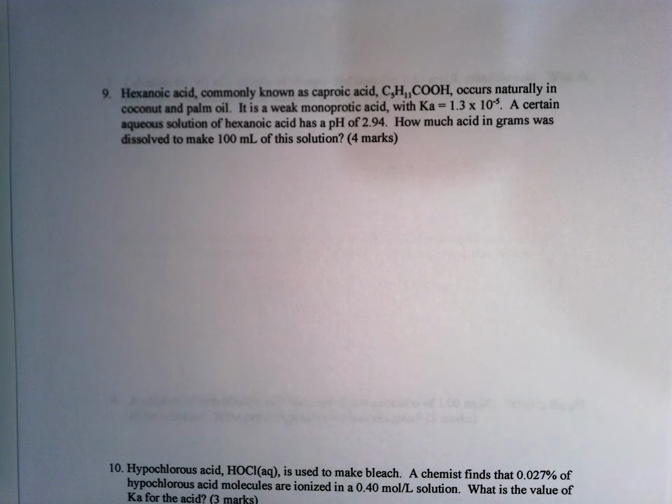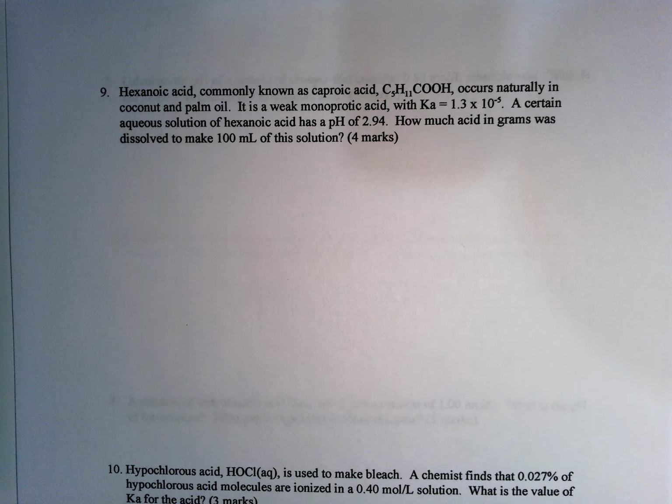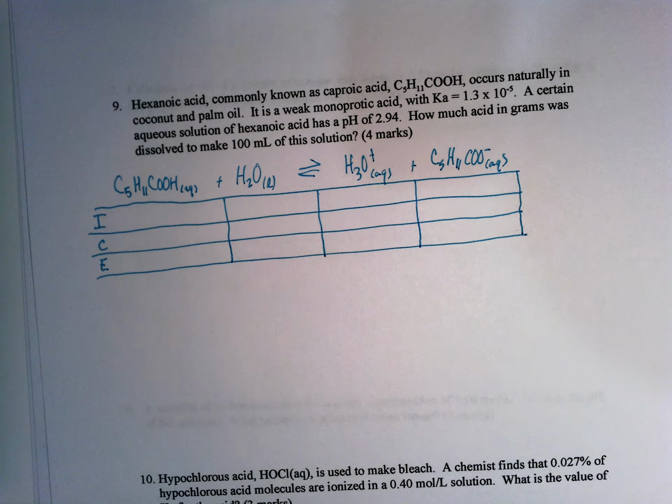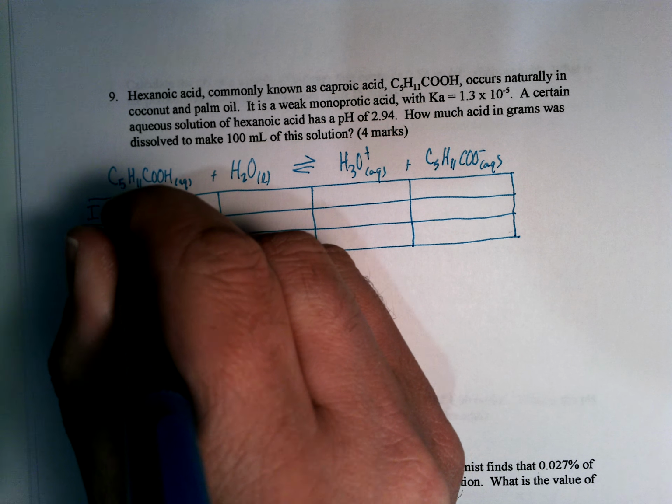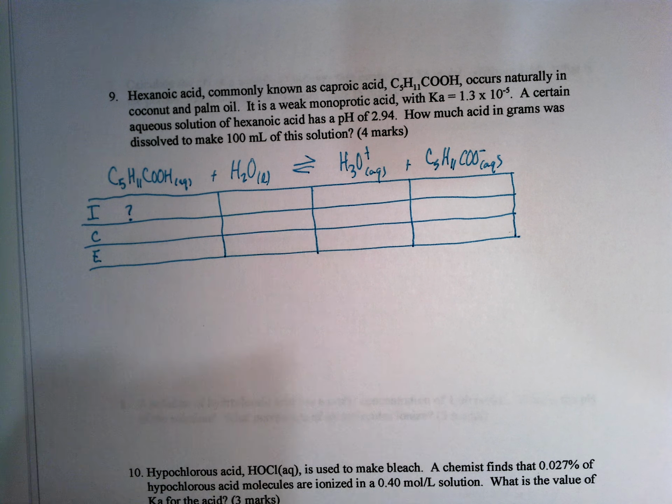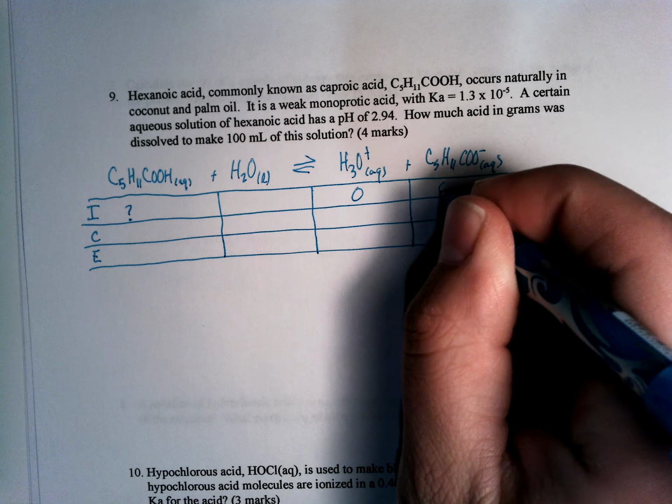So again, like pretty much every question in this unit, we start with our balanced ionization equation, and then we put our ice table down. So we'll start there. What we're actually looking for is this concentration here. That is our unknown. We know that these both start at 0.